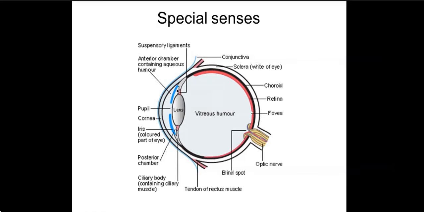And if this canal of Schlemm is blocked, then the intraocular pressure will be very high, and that may cause glaucoma. That is called open angle glaucoma.